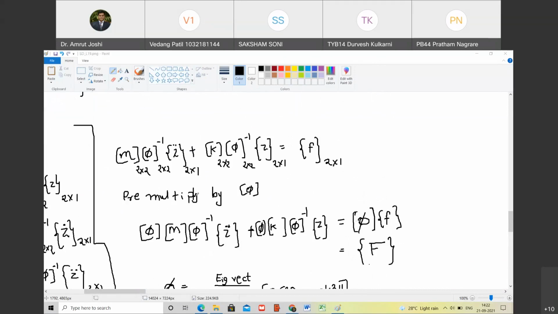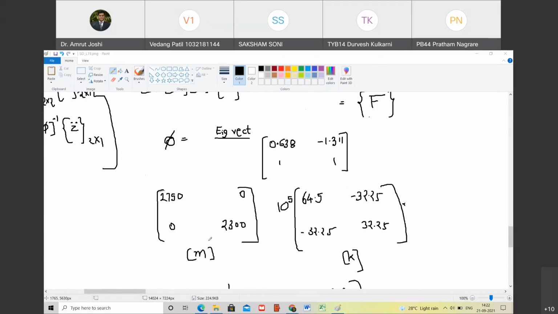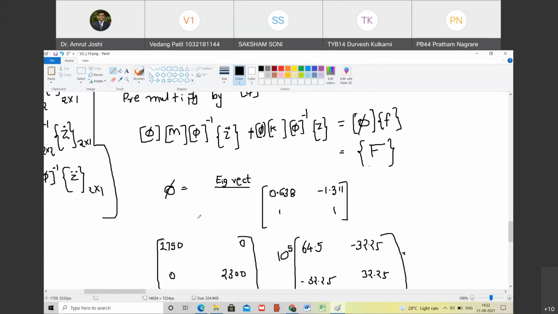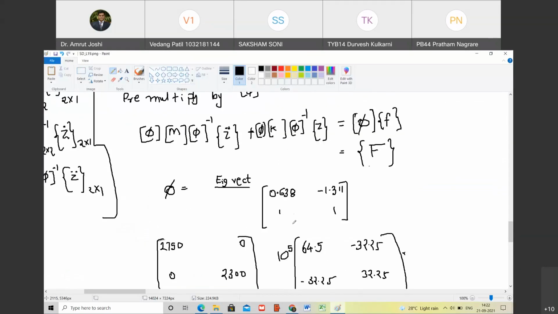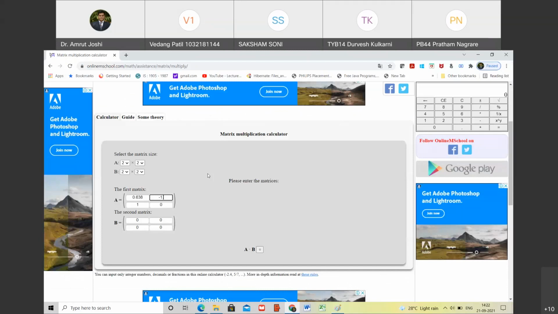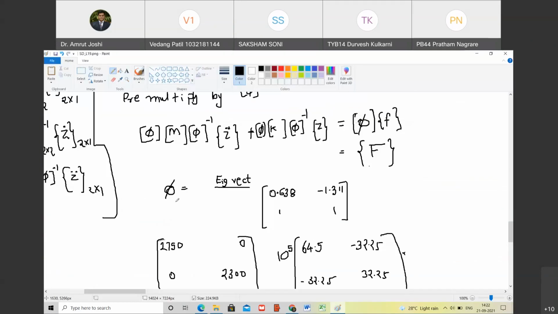Let me do the multiplication. Phi is 0.6381, minus 1.311, 0.311. Then the second matrix is the M matrix.